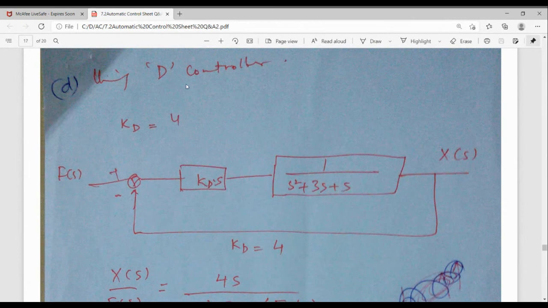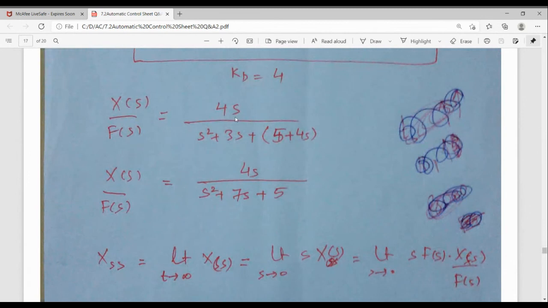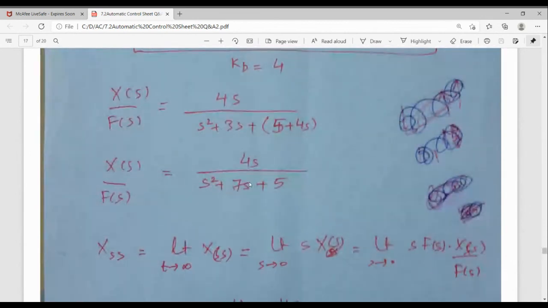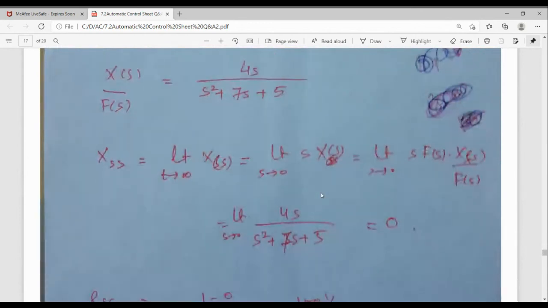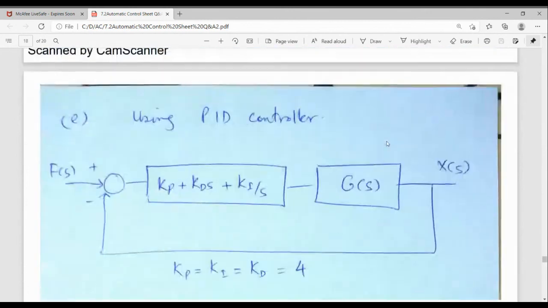In the same way, D controller, KD is given as 4. So substitute in the place of 4s, KD is 4 multiplied by s. And upon substitution of this, you will get 0 here. Okay, and the steady state error is 100% here.